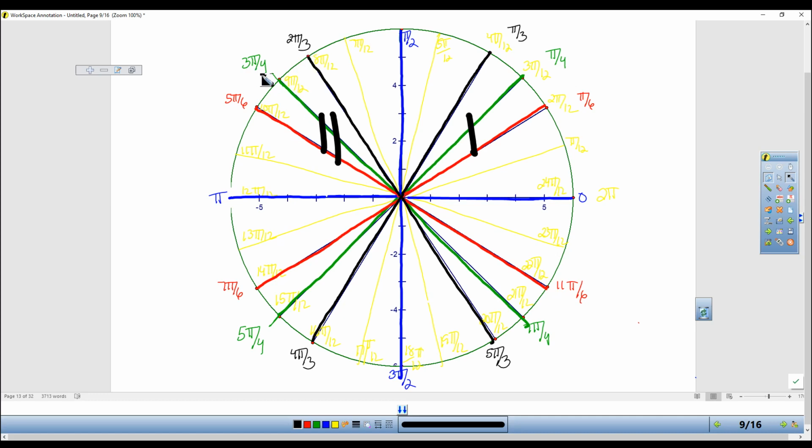So 2/3, 3/4, and 5/6. In quadrant 3, the numerator is always one more than the denominator. 7/6, 5/4, 4/3.